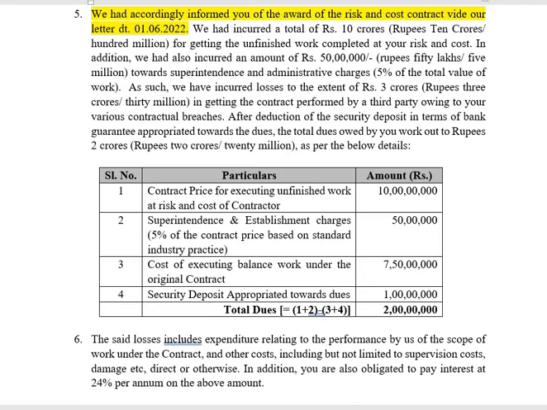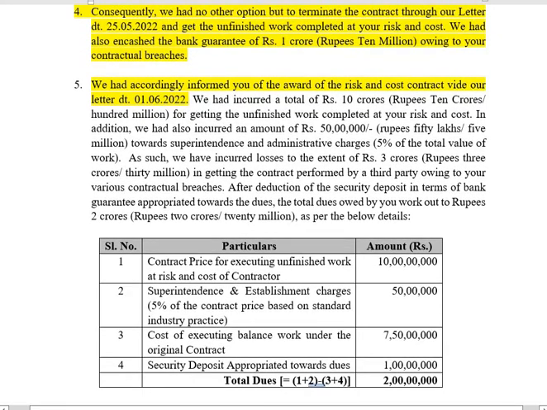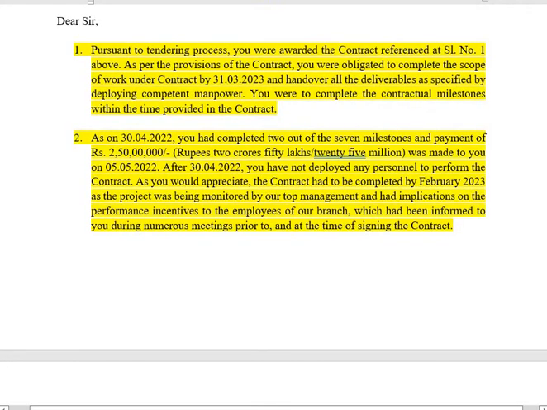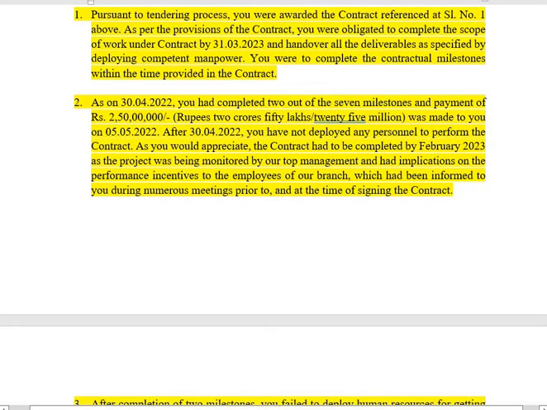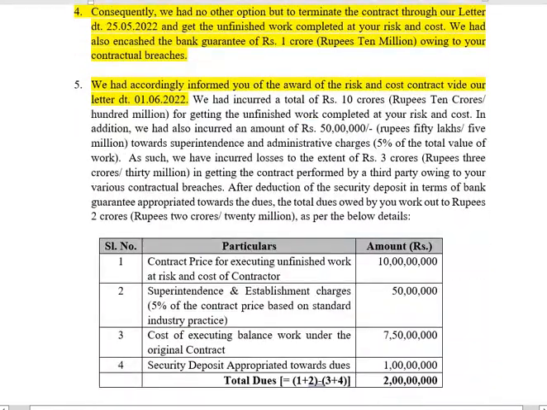See, the work that was performed was 2 milestones, for which a payment to the tune of rupees 2.5 crores was made. The remaining work was worth rupees 7.5 crores. Because of the failure of the contractor, the work had to be performed for rupees 10 crores.